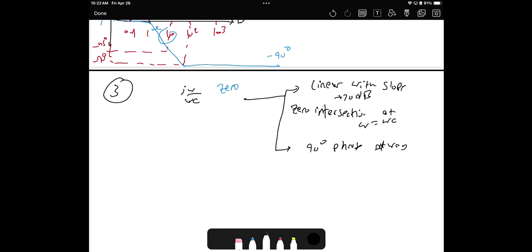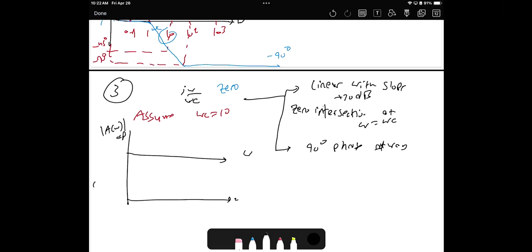What does this mean? Let me do the plots. Assume omega c equals 10. So here is the magnitude in dB, and here is the angle. Let's assume omega c here is 10. So what's happening? It will be like this, continuing from negative infinity to infinity, but with the intersection at omega c.